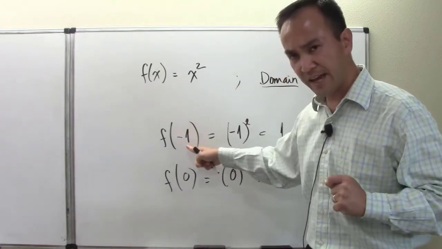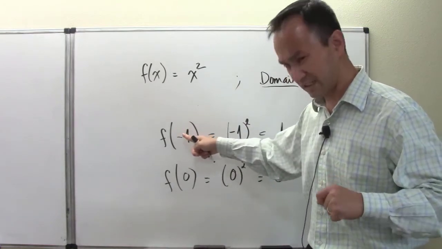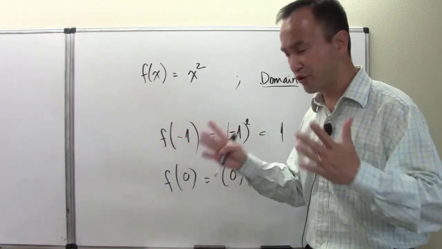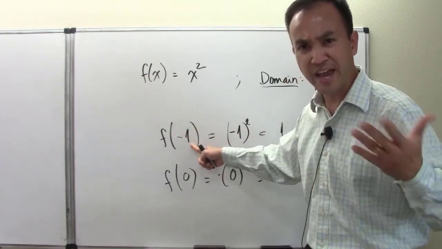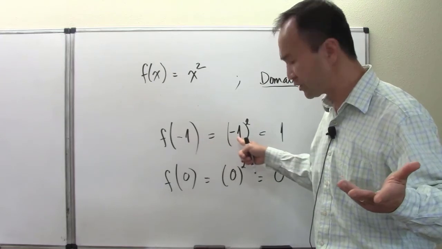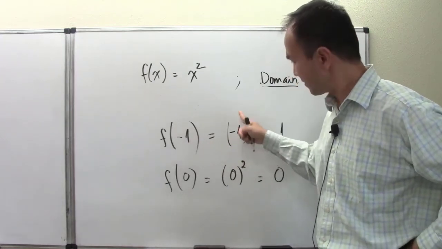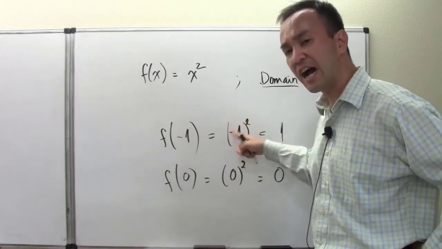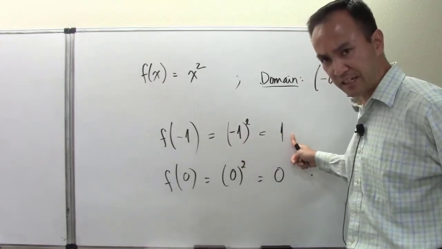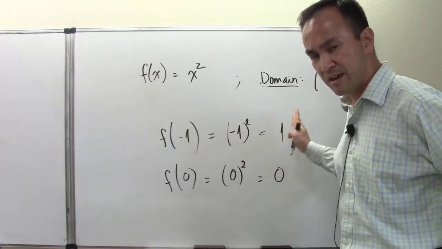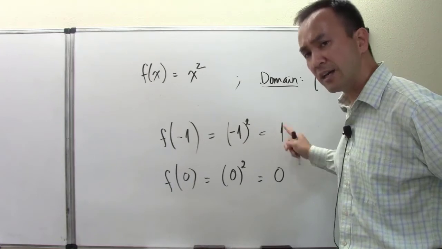Here I'm using -1, but beyond -1, think of it as representing any negative value. The square operation on the entire input made the output a positive value.